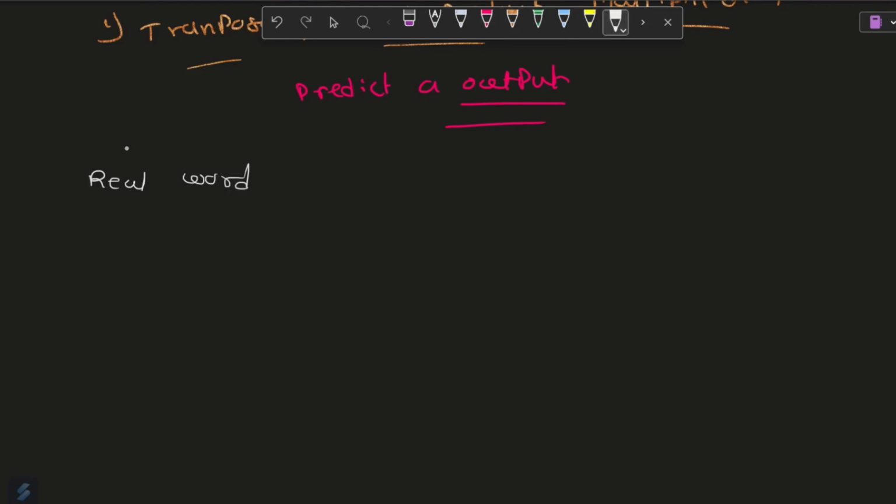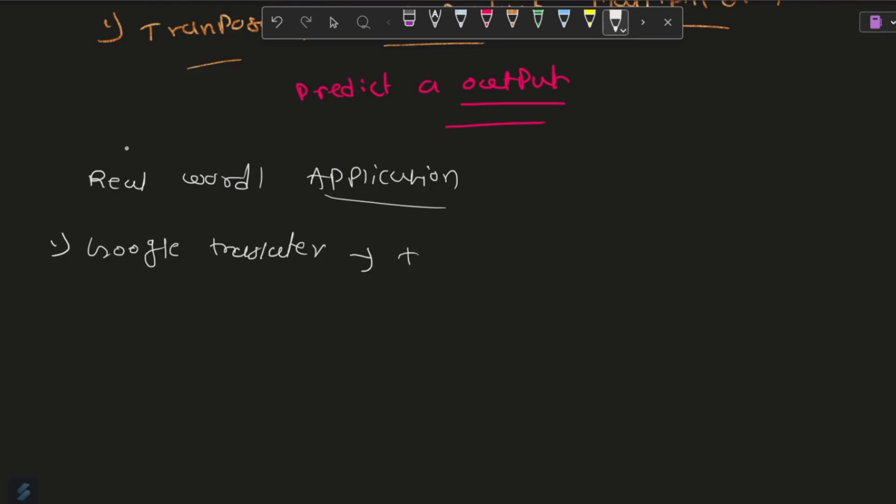In real world applications, first is Google Translator. In Google Translator, basically the sentence is translated using vector embedding.